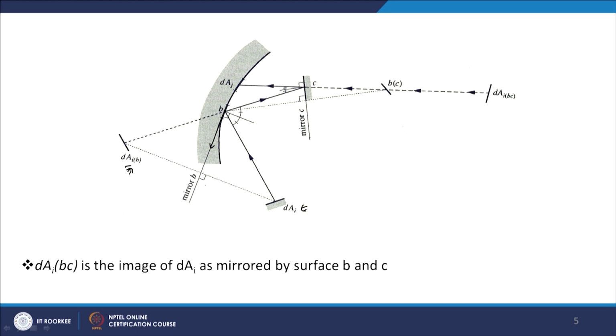So, this is the image of the area dAi after twice reflection from mirror B and mirror C. So, the definition of view factor dF between dAi BC and dAj means we are talking about the area dAi after reflection from B and C, and this is the image. So, this view factor we are interested in is between this and this area.